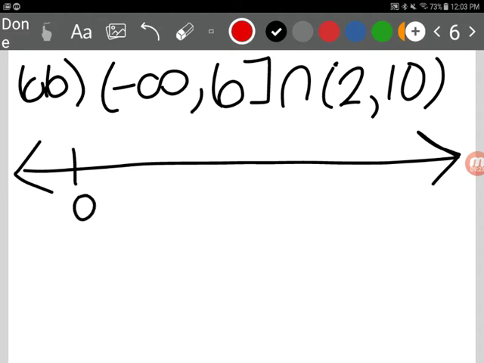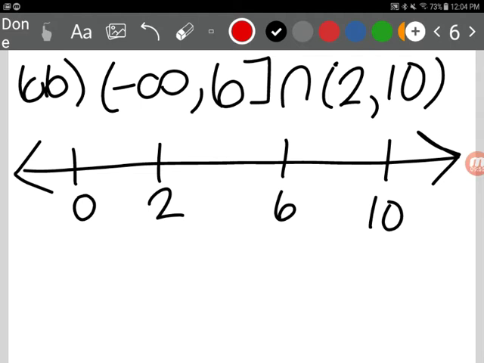I'm going to write down all the numbers I see on my sets. I see 2. Go down, I see 6. Go down a little more, and I see 10. And I do see -infinity, but we can't do -infinity. That's everything to the left. So we're just going to do 0 to indicate we're going on to the left, and those arrowheads indicate we're going on to -infinity.